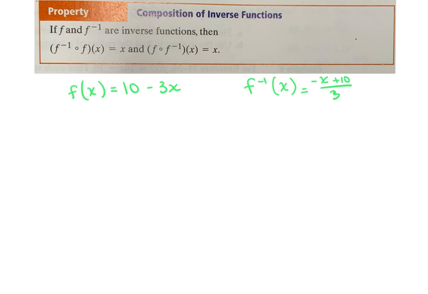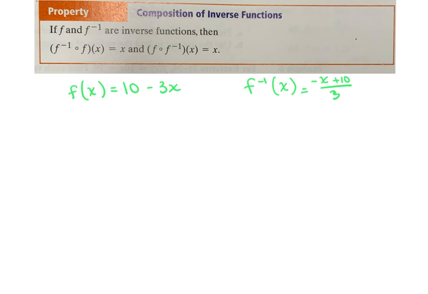But with inverses, no matter the order, if I do inverse composite with its function, then I will get x every time, all the time, okay? Just like when I said the composite of the function and the inverse of 2 ended up being 2. The composite of the inverse and the function of 3 was 3, because that was my x.